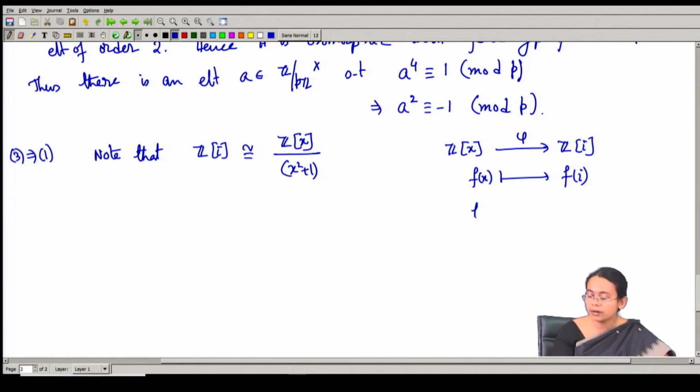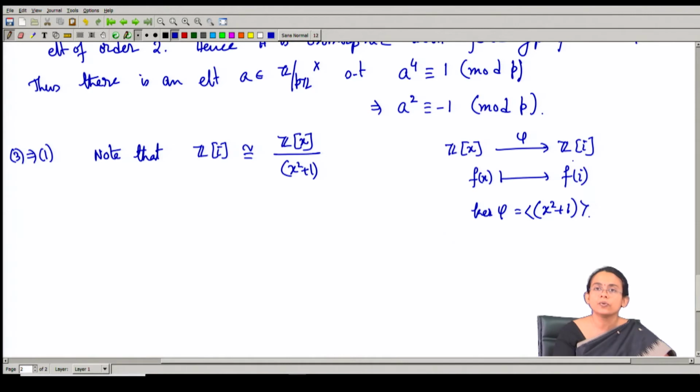Then what will be the kernel of phi? The kernel of phi is all elements such that i is a root, and the smallest degree polynomial such that i is a root is nothing but x square plus 1. You can show that the kernel is nothing but the ideal generated by x square plus 1, and phi is in fact a surjective ring homomorphism.